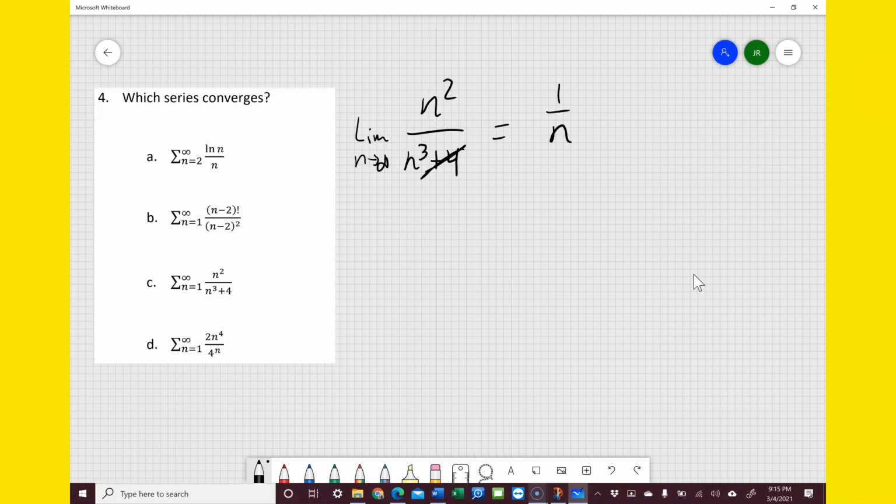Becomes 1 over n. And we know that 1 over n, which we might call the P series with P equal to 1, this is n to the first, only converges when P is greater than 1. You might also remember that this is the harmonic series, which is fascinating in its divergence. So we know that this one does not converge because of all that. We might even call that the limit comparison test. So it's not going to be C.